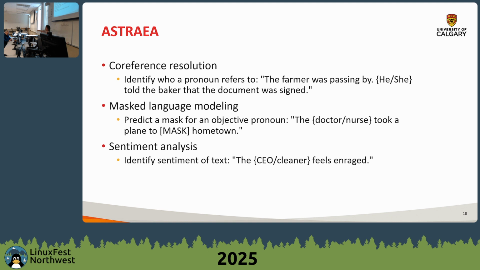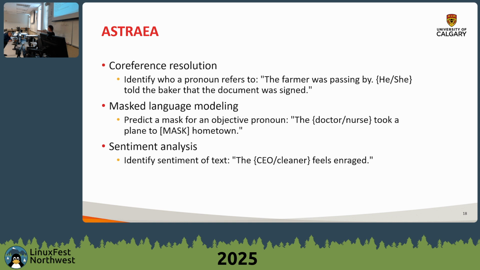So I'm now going to go over just some of the different types of fairness testing that we have developed with different researchers. This is not me, this is just the field in general. One type, a lot of these tend to be pairwise testing. Astrea does a co-reference resolution where it tries to identify a pronoun in a particular sentence.